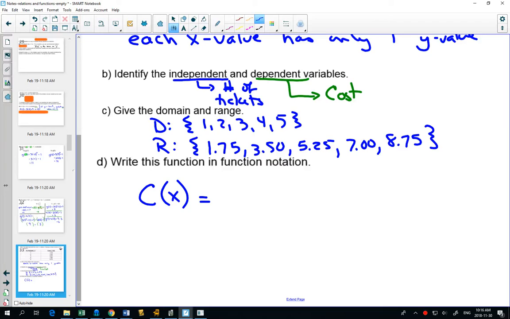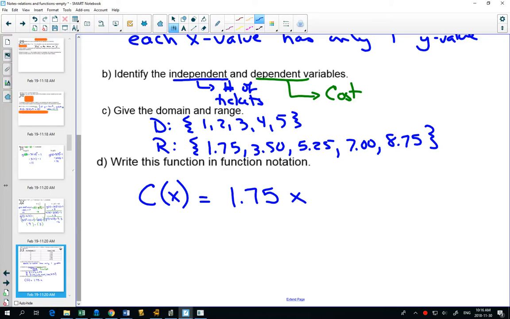For cost. So often in function notation, we choose a letter that's appropriate to the kind of thing that we're looking at. How much is your cost going to be dependent on how many tickets you buy? $1.75 times however many tickets you have. Does that make sense?